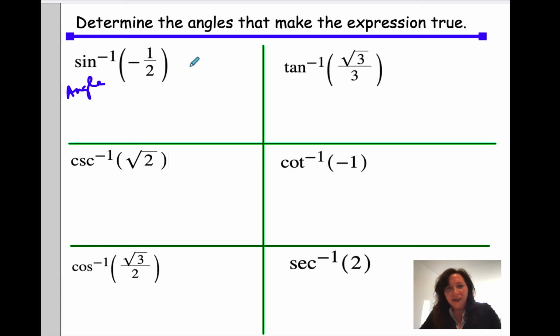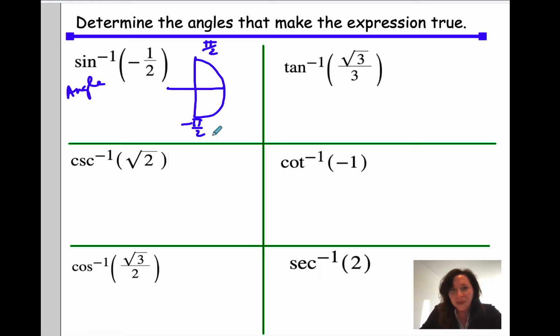Recall that your restrictions for sine are from -pi/2 all the way to pi/2. So here's pi/2, here's -pi/2. With your restricted domains, sine can only be top or bottom here, first or fourth quadrant. So where is sine -1/2?